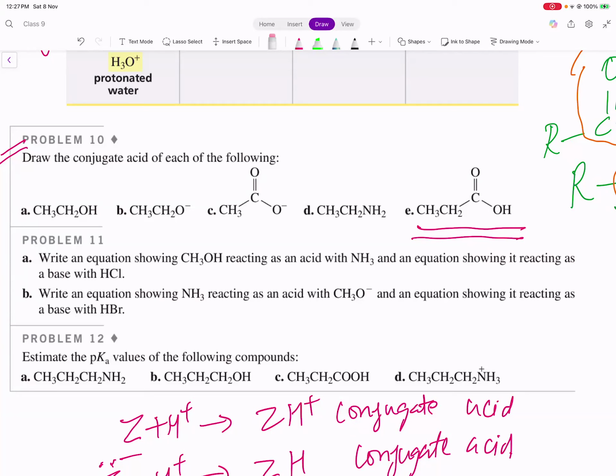In the B, it is an alcohol, Sanchita, so it has to be near about 15, 16, not 5 as you have written. The C one is a carboxylic acid where there are two oxygens. That one is 5. So B is incorrect. The D is correct. Okay, very good.